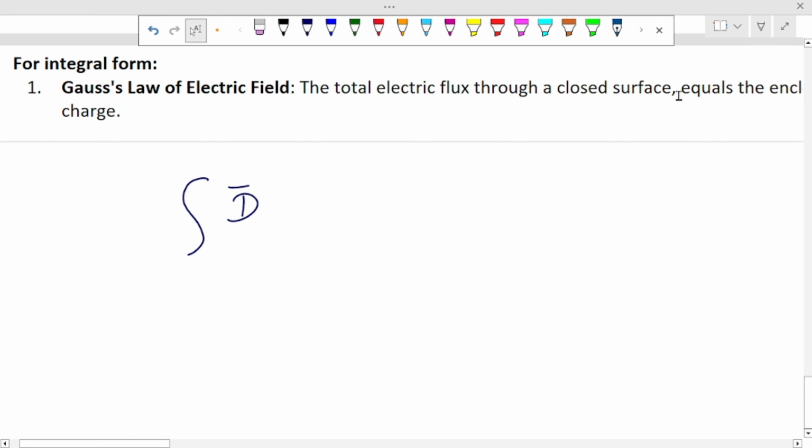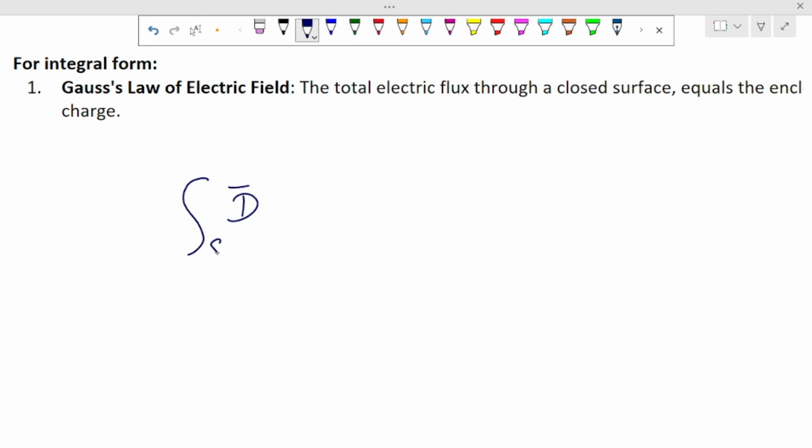It's through a closed surface, so this should be a surface integral, and the surface is closed. So we have this circle on the integral sign, telling us that it's a closed surface. Are we seeing it now?